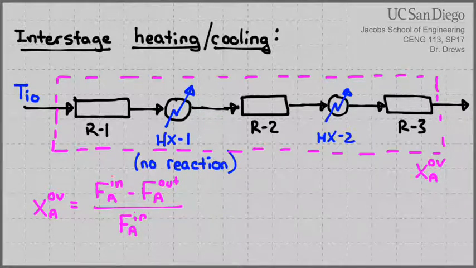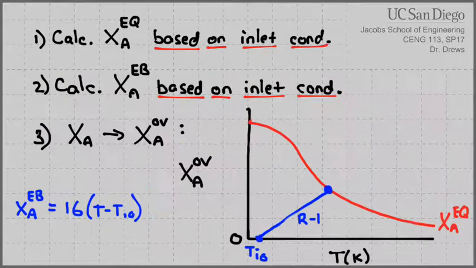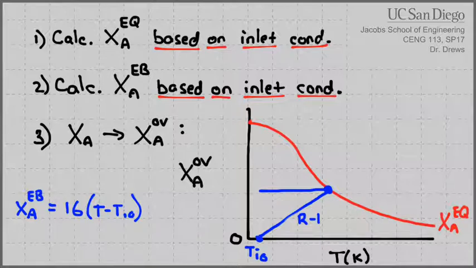Generally, someone will have to tell you what that temperature is, but let's just assume for the moment that each one of these streams are Ti naught. So no matter what the inlet temperature and conditions are, the heat exchangers are big enough that they always return it back to Ti naught. That's just going to make our plot look a little bit easier. That does not have to be the case. This line then is going to come over horizontally back to Ti naught.